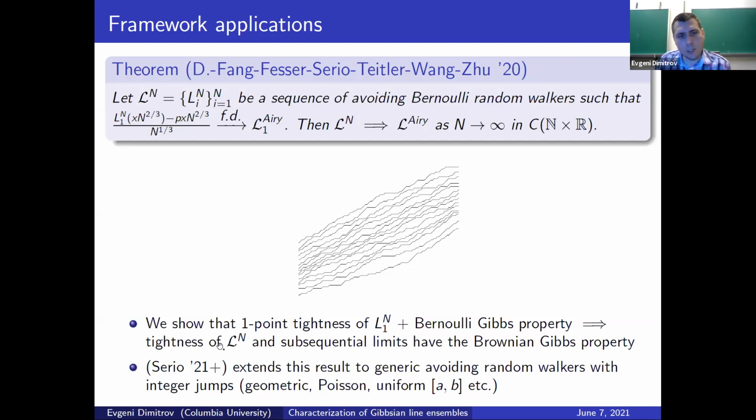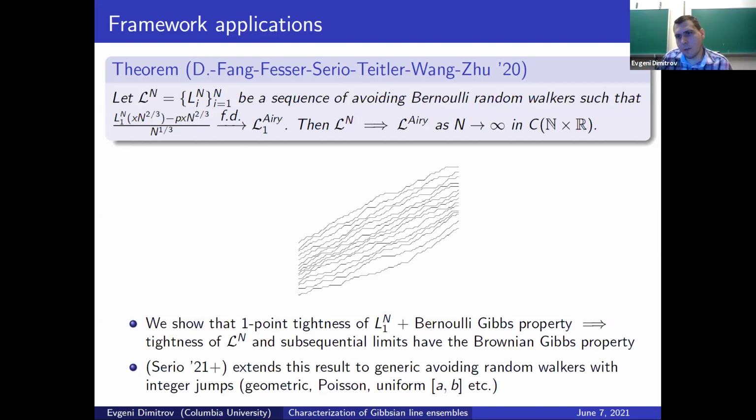Another thing that I'll mention is that one of the authors, Christian Serio, in his senior thesis this year, extends this result by replacing Bernoulli jumps with general classes of jumps. So it's not whatever you want. Basically, he can handle jumps that are integers on connected intervals of support and have a log concave distribution or something like that.